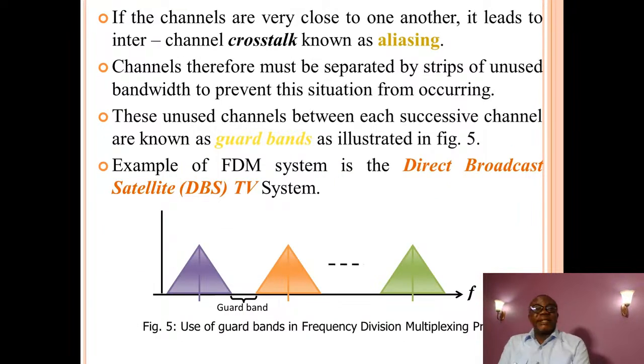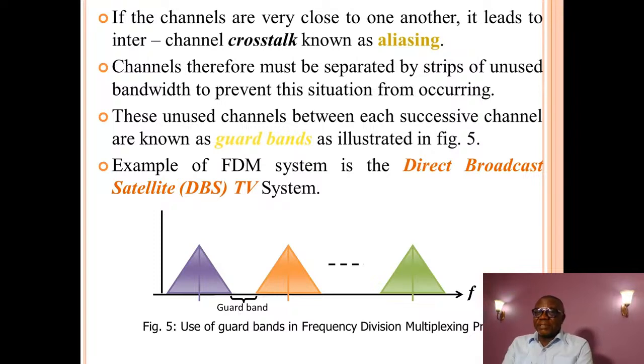So if the channels are very close to one another, it leads to interchannel crosstalk, known as aliasing. When we did sampling, we talked about this aliasing.